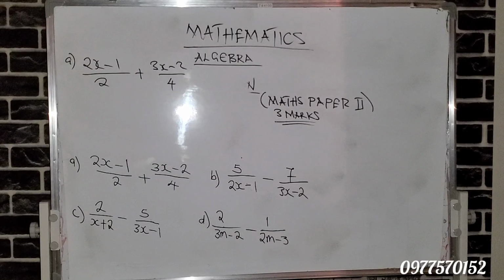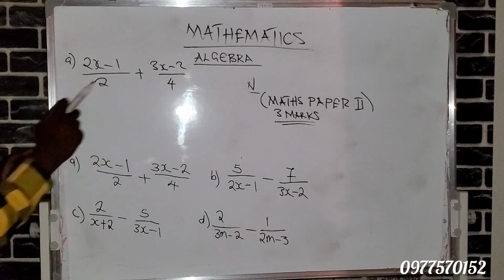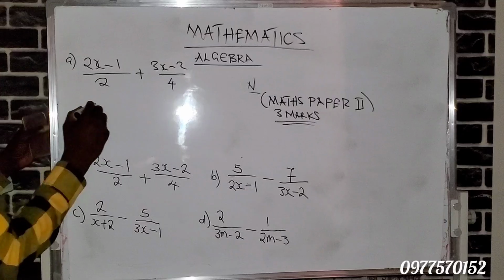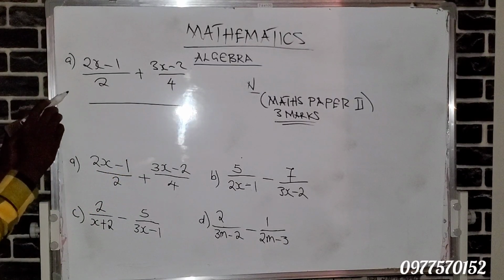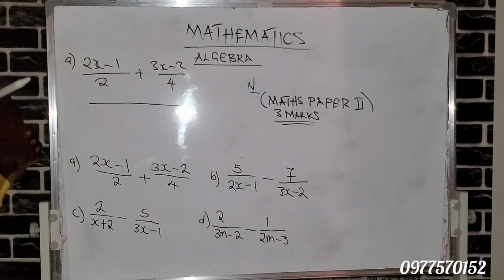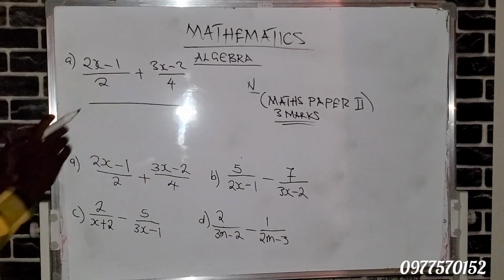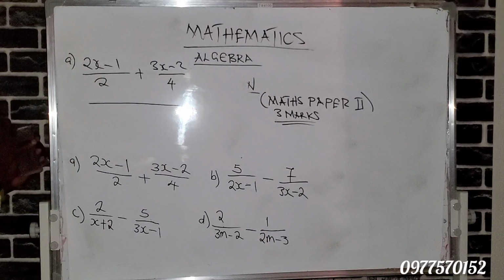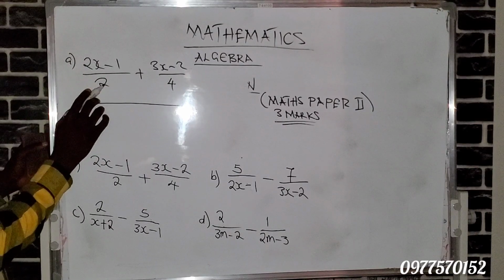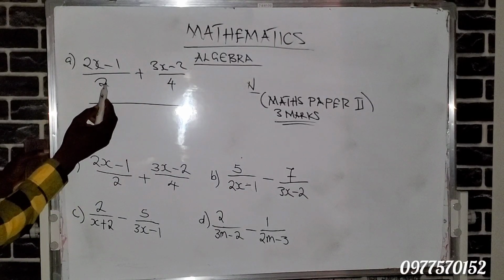Now, when you look at the denominators, you have a 2, which is an even number, and this one is also an even number. Both are divisible by 2. The 2 can go into 2, and the 2 can go into 4, so you don't have to multiply 2 times 4 as 8, no.